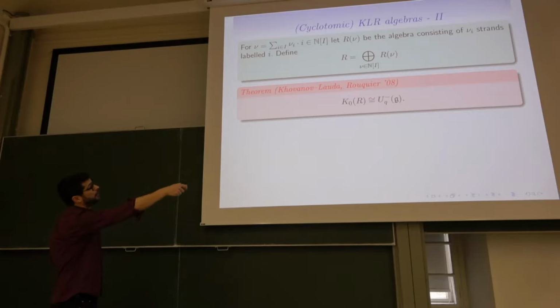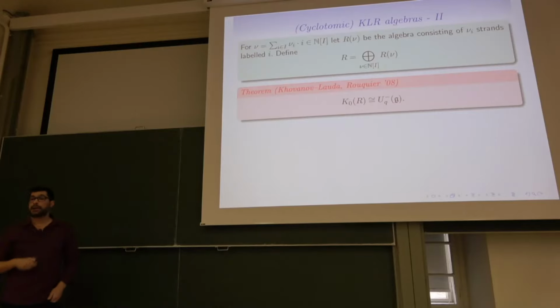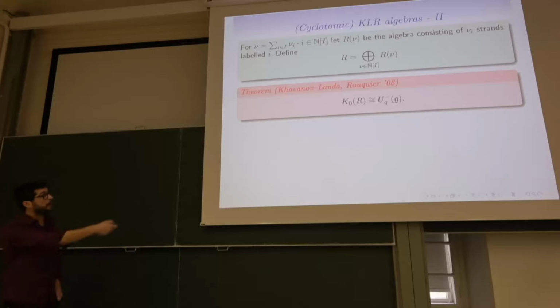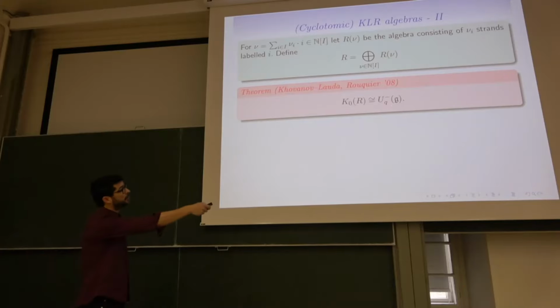So the algebra decomposes like this, and Khovanov, Lauda, and Rouquier proved that the Grothendieck group of some categories of modules over these algebras is isomorphic to the half quantum group, not only as an abelian group, a vector space, but also as a bialgebra. So there's a structure of multiplication and comultiplication there, and they are also categorified using the KLR algebras.